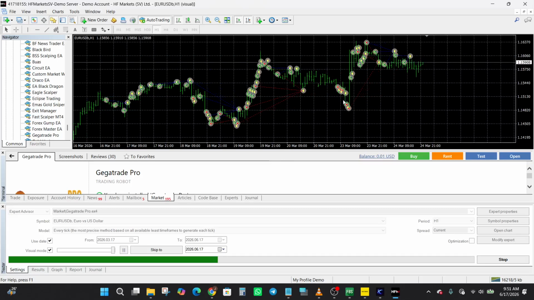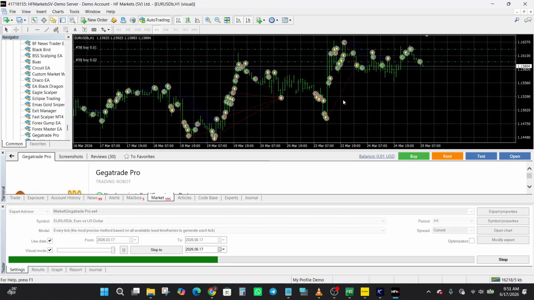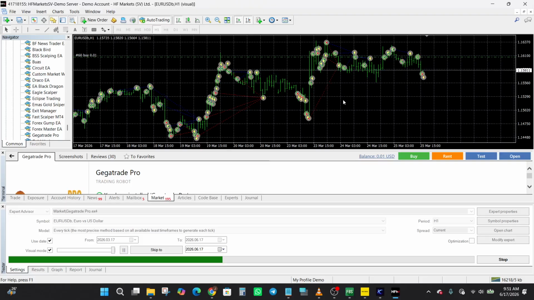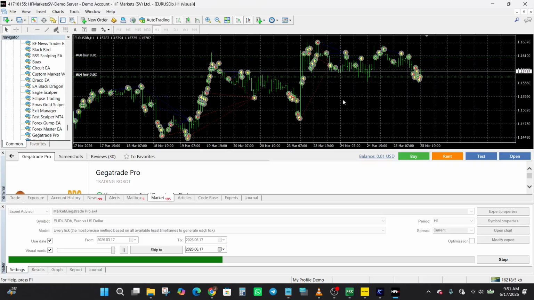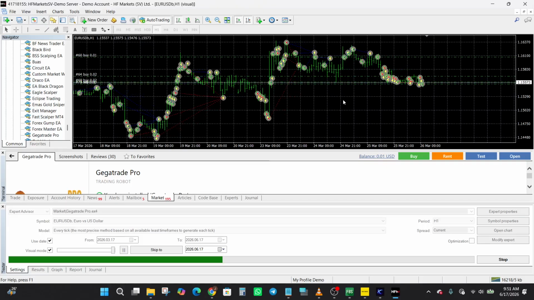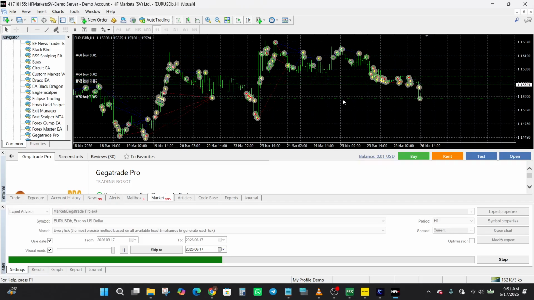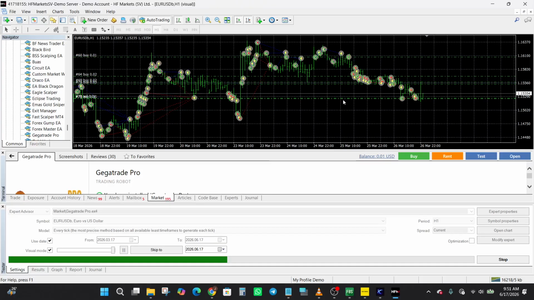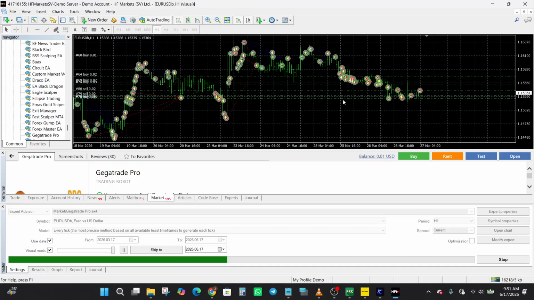It is important to keep in mind that performance can always vary depending on risk settings, lot size, broker execution, spread conditions, slippage, and general market behavior. So this is not something that should be interpreted as guaranteed forward performance, but rather as a historical analysis of how the system has behaved in the past.